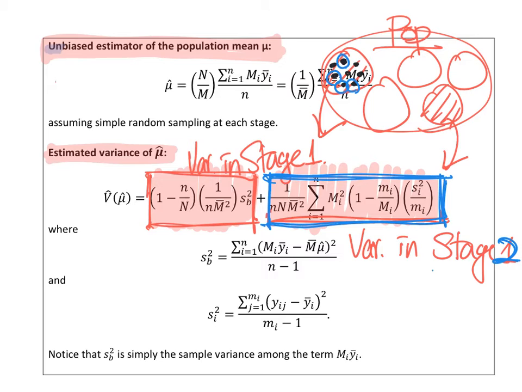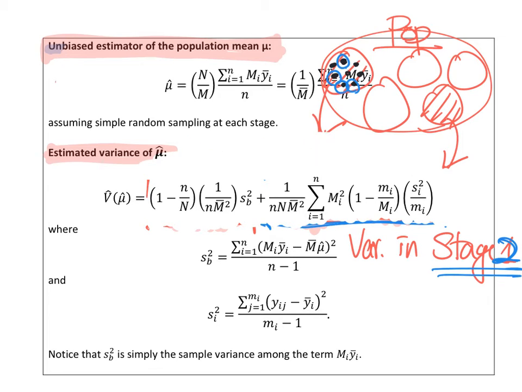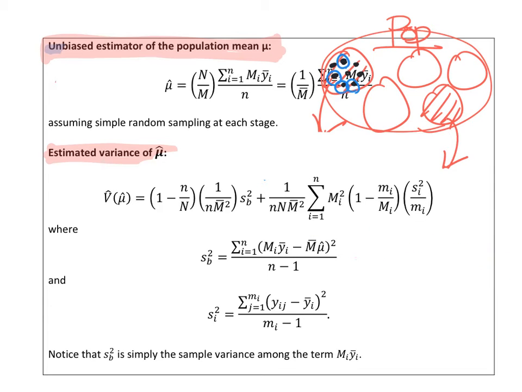So we have 2 parts. The first one from the stage number 1 when we are selecting the clusters, and the second one can be raised from the second stage when we are selecting some elements from the selected clusters.